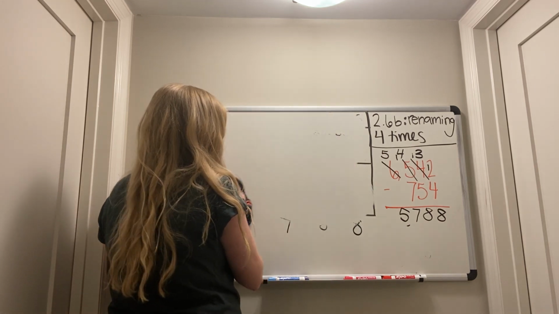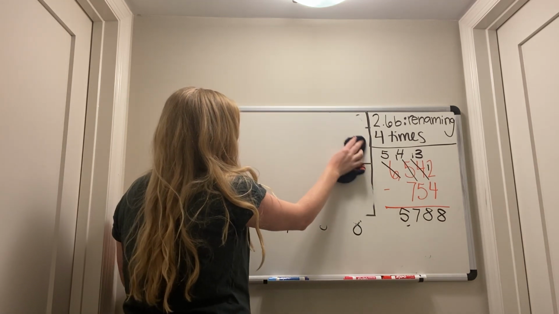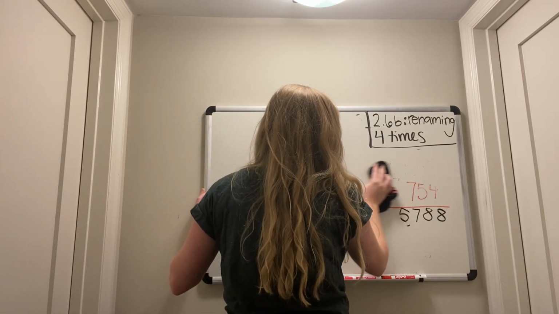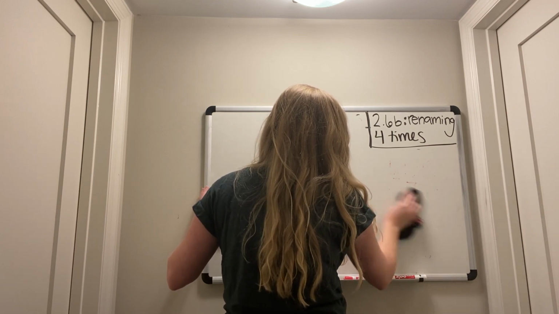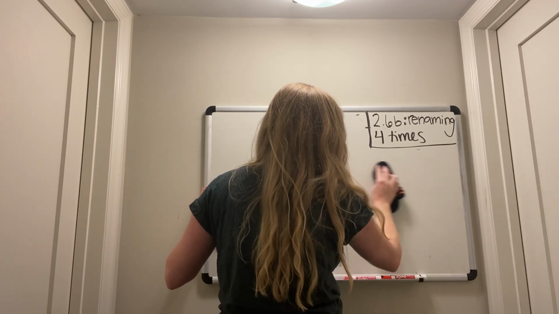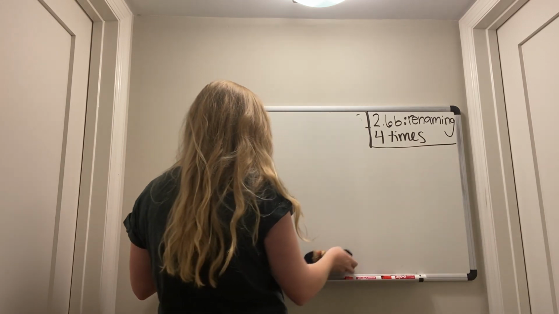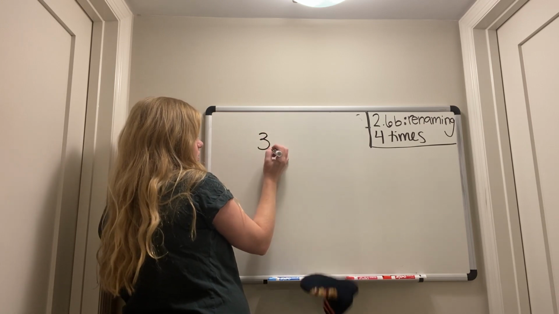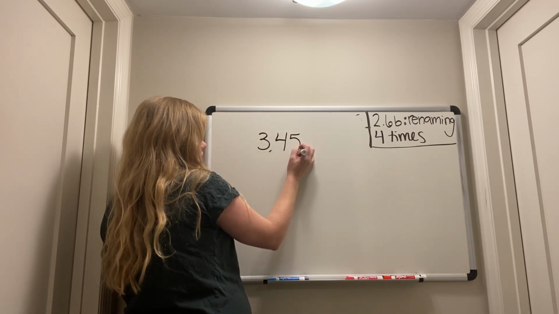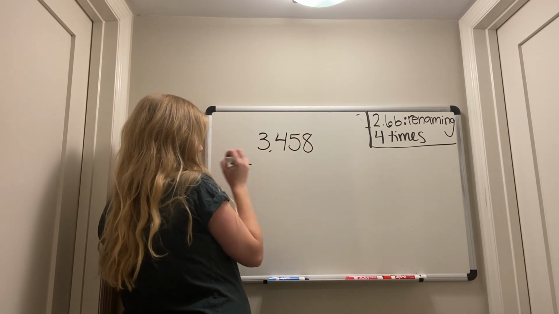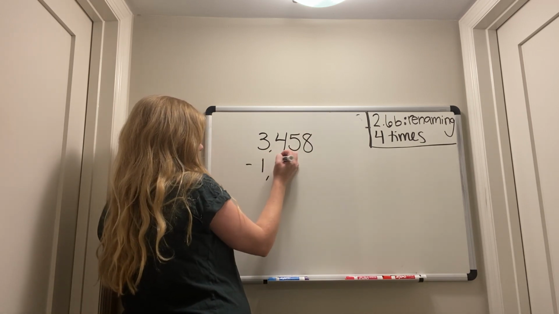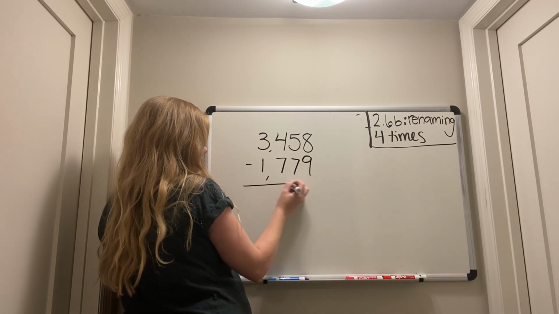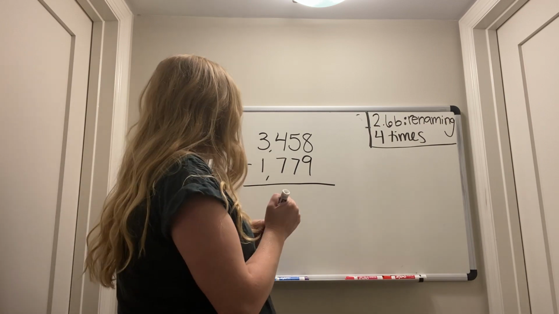Okay, we're gonna do 2 problems together, then you're gonna do 1 on your own. Here we go. 3,458 minus 1,779. Okay. So here we're going to start.